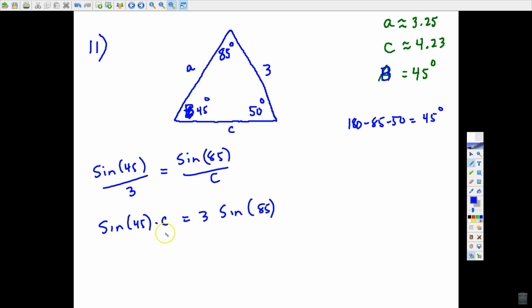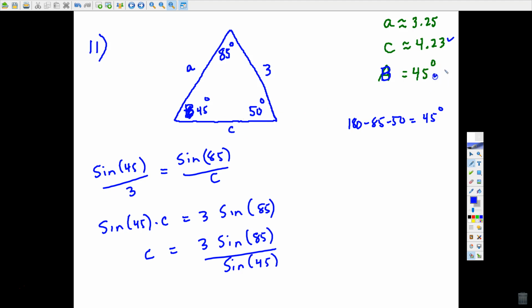And so in our calculator, we're just going to divide 3 sine 85 divided by sine 45. So let's check that out. 3 sine 85 divided by sine 45. And that's 4.23. So that's what we got for side C.